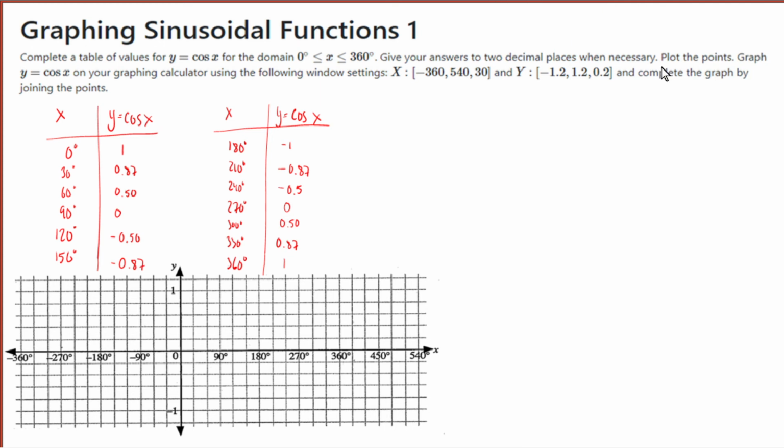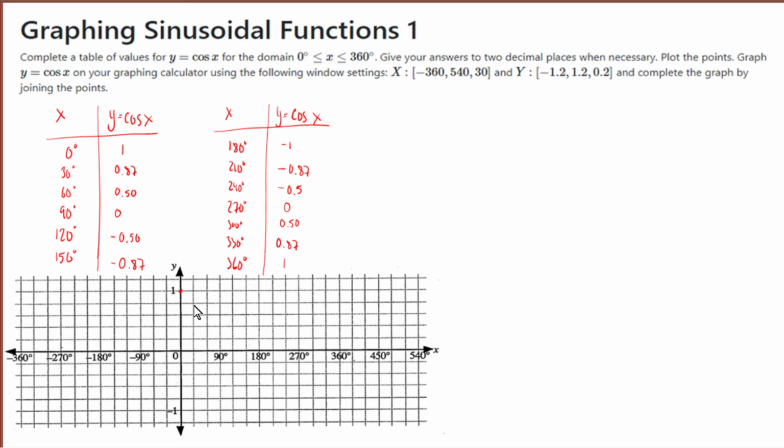So now they want us to plot the points. When x equals 0, y equals 1. When x equals 30, that will be there, 30, 60, 90, 30 is 0.87. So this goes up by 2, 2, 4, 6, 8, 10.